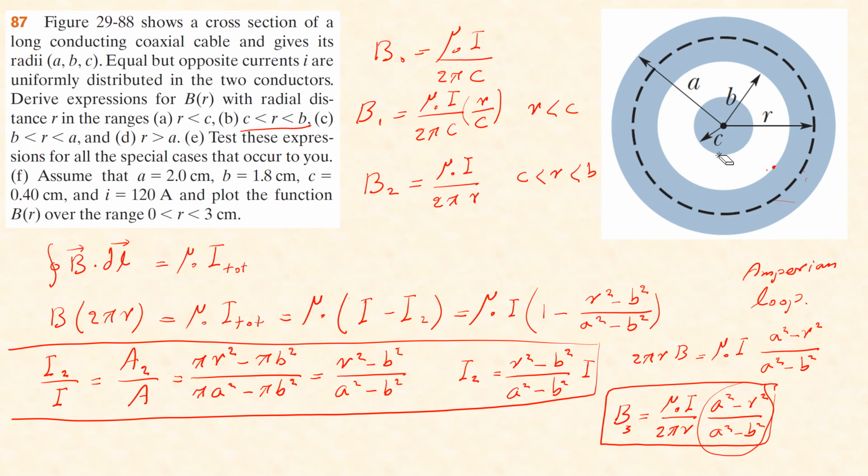What if you put r equal to a? It means that you are in here. You get a squared minus a squared divided by a squared minus b squared.